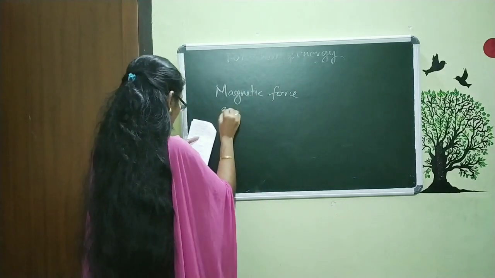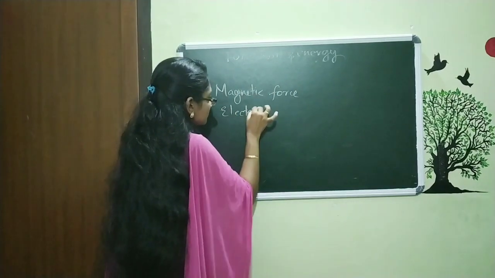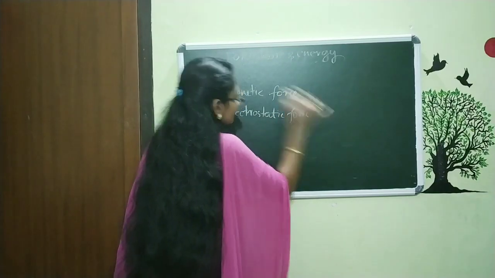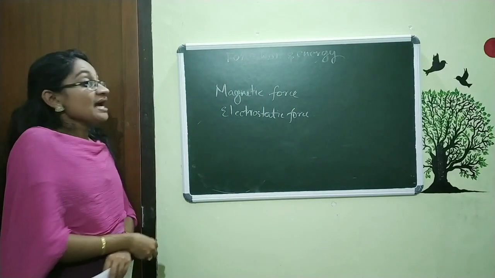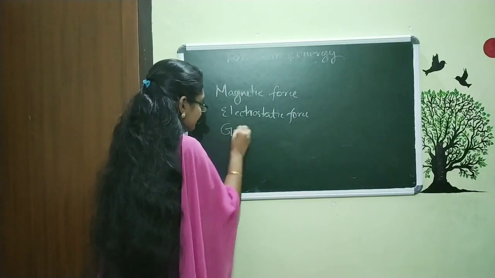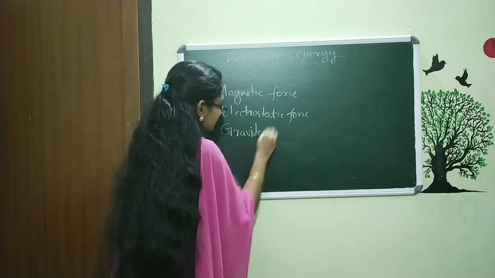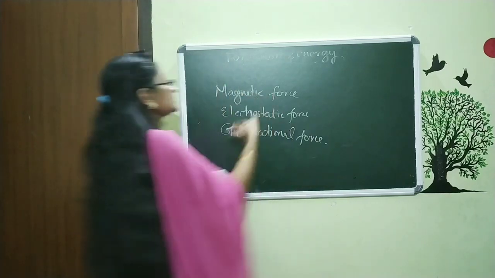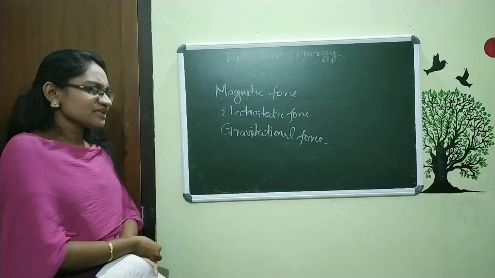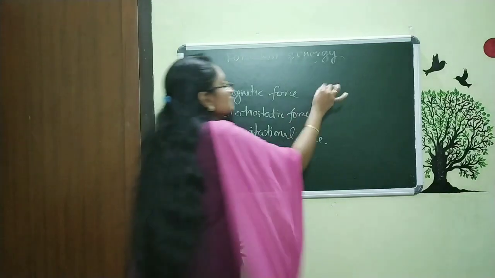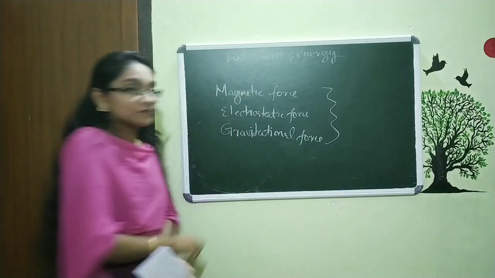Then we studied electrostatic force. And then we discussed gravitational force. For this you study the statements or definitions and also remember some examples. So this is all about today's class.